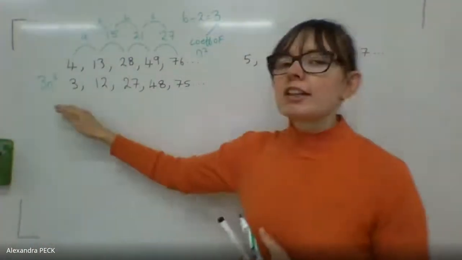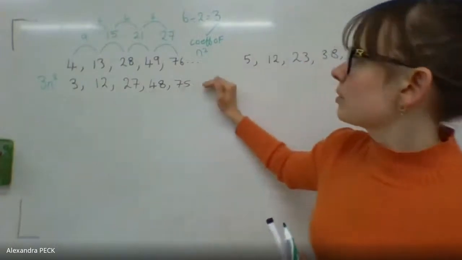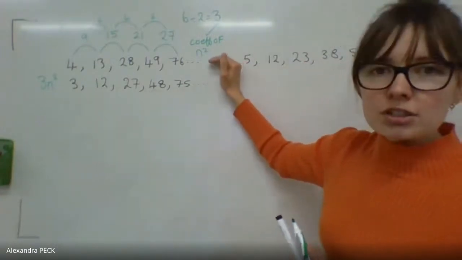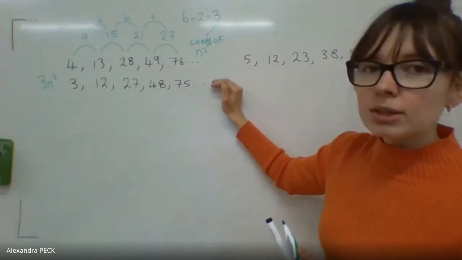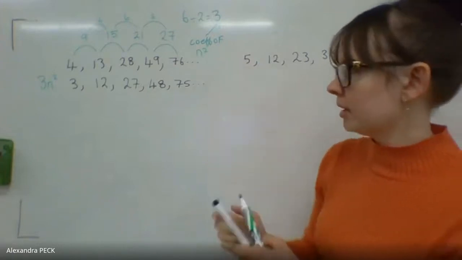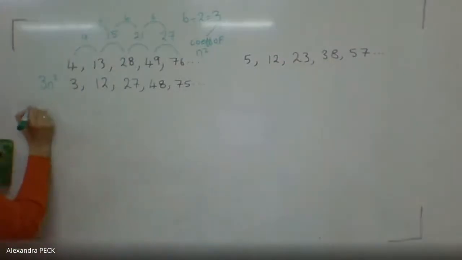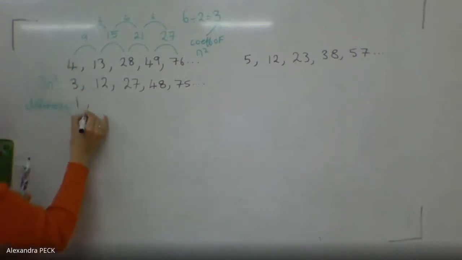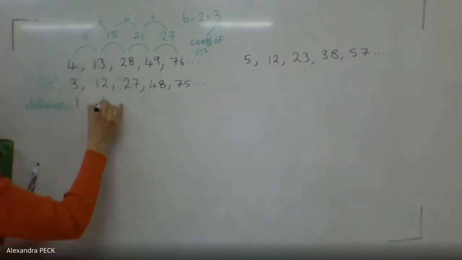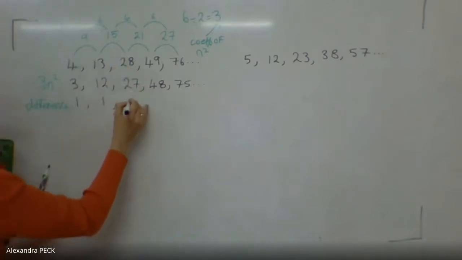Now I want to find the difference between the sequence 3n squared and my original sequence. So I'm going to subtract the 3n squared sequence from my sequence. So let's just write in here, difference. That's what I'm going to find. Okay. So 4 subtract 3 is 1. 13 subtract 12 is 1. 28 subtract 27 is 1.